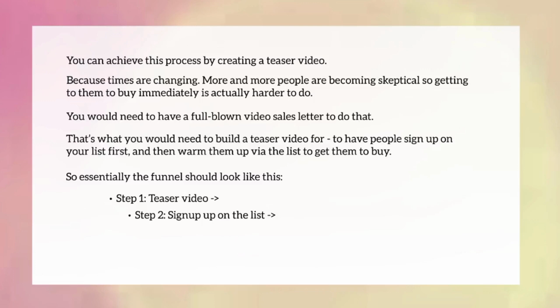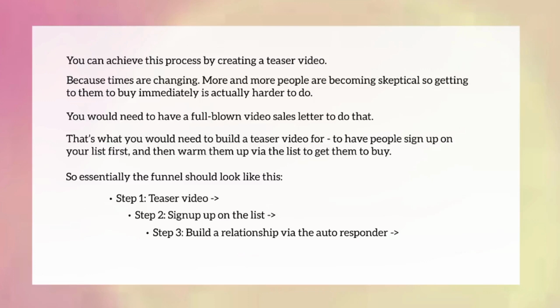You get people to sign up on your list, and at this moment, they still don't know you, and they still need to be warmed up, right? So that's why in step number 3, you build a relationship via the autoresponder email service. What I mean by that is they sign up on your list, and then you email them maybe every day for the next 7 to 14 days.